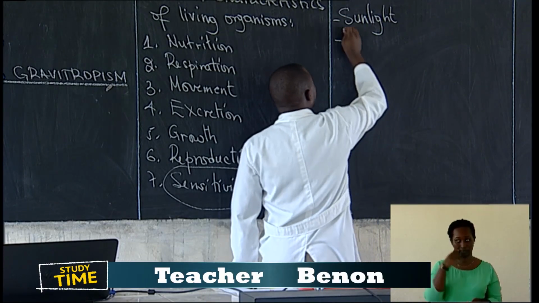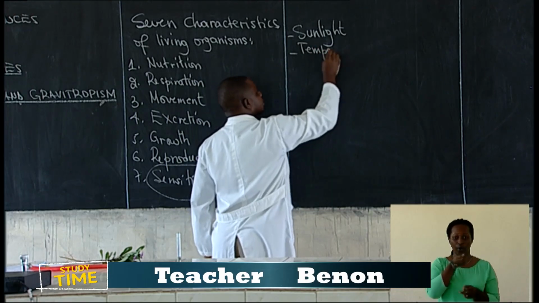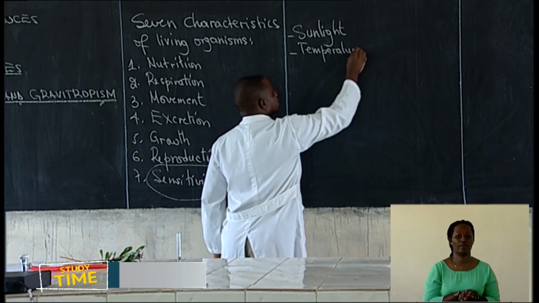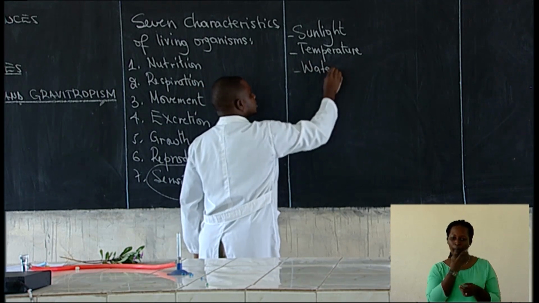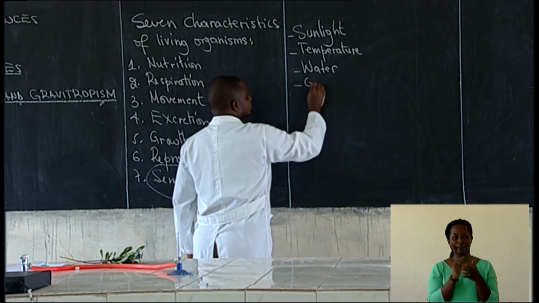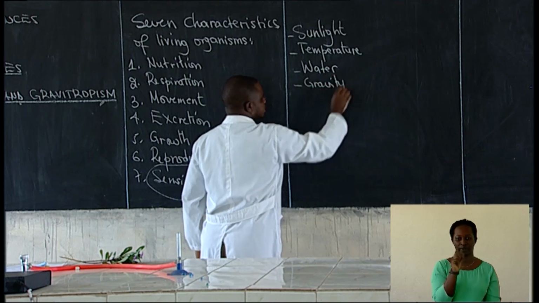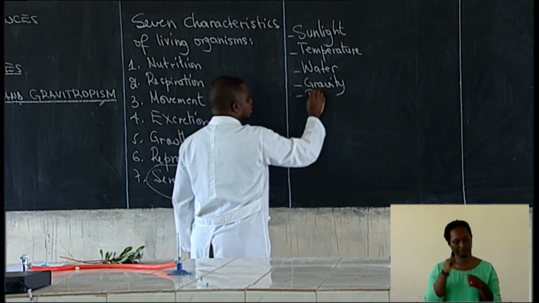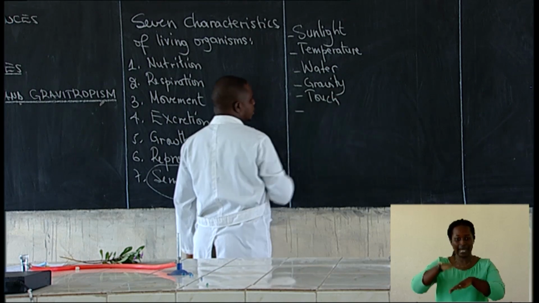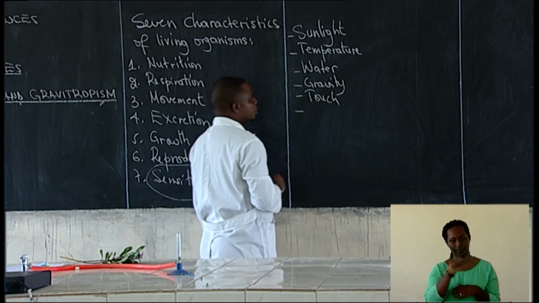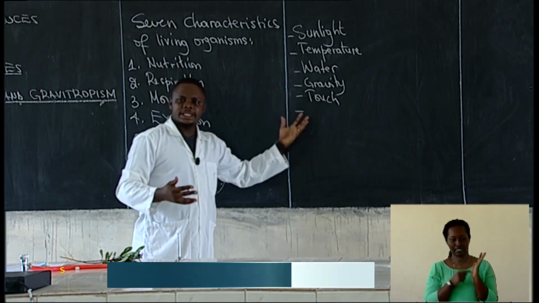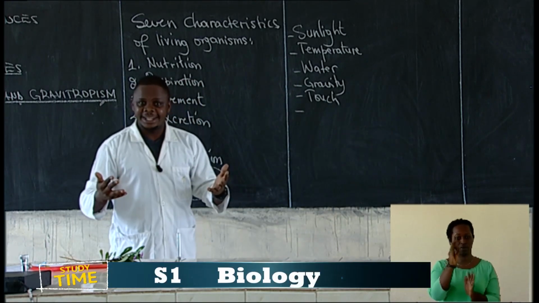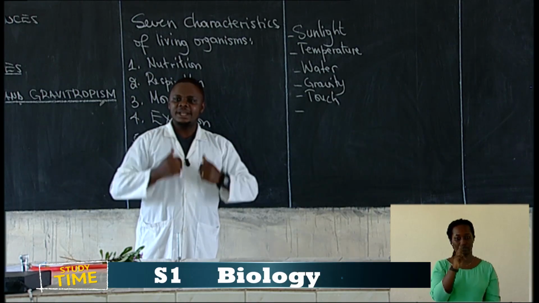We can think about temperature. We can also talk about water. We can talk about gravity. We can talk about touch. We can also talk about other factors. These are examples of stimuli. When it is one, we say stimulus.